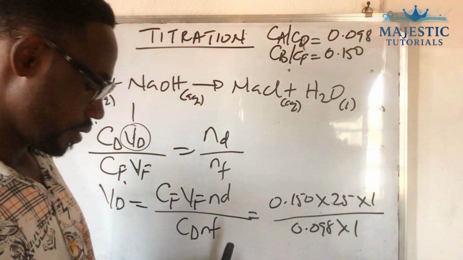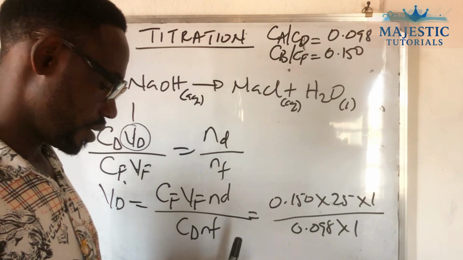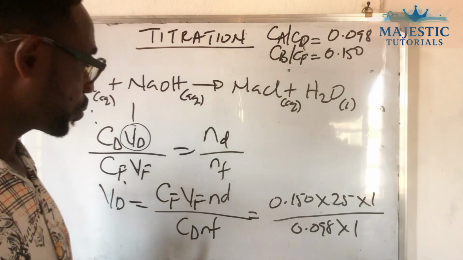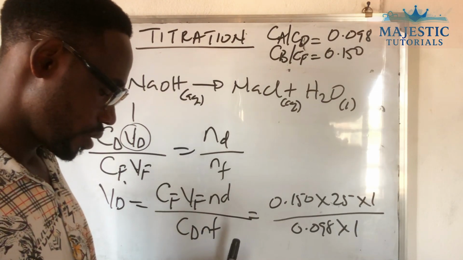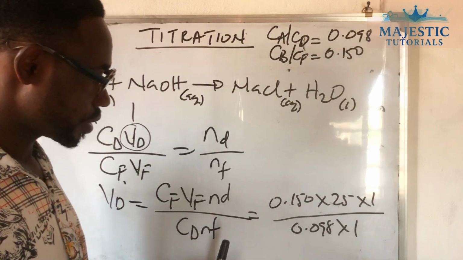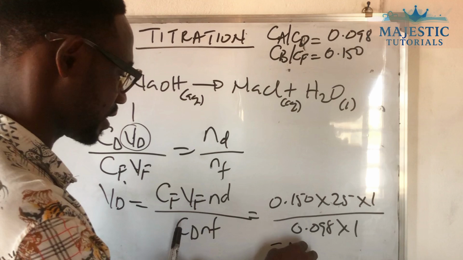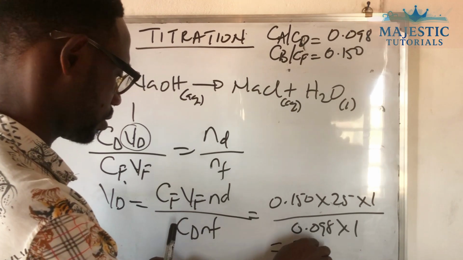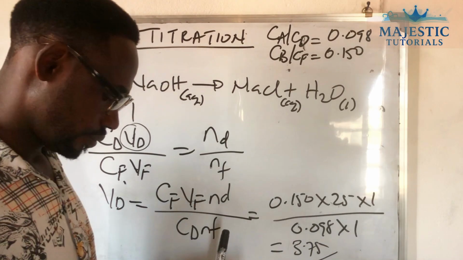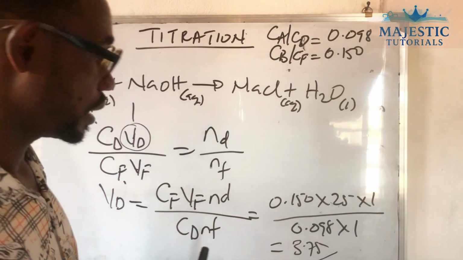So from the calculator department, what we have here is simply 0.15 times 25, 3.75, then divide by 0.098. So we're looking at something like 37. So 3.75 now divided by 0.098 is 38.